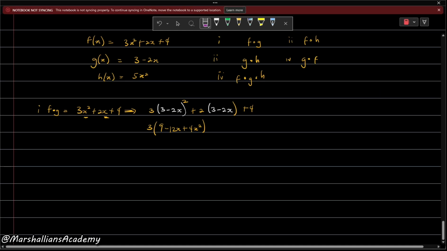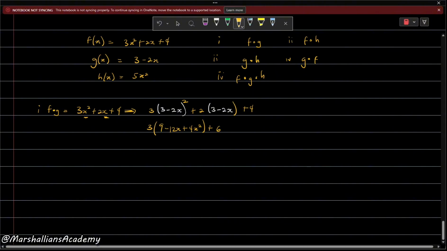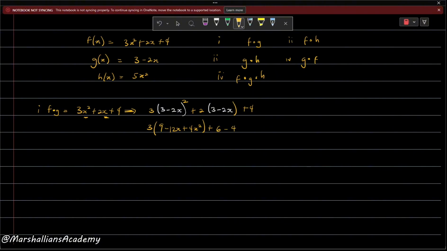Yeah, let's keep going. So we have plus 2 times 3 is 6, minus 2 times minus 2x is minus 4x, plus 4. Let's open the entire bracket. We are going to be having 3 times 9 is 27. 3 times minus 12x is minus 36x. 3 times plus 4x squared is plus 12x squared, plus 6 minus 4x plus 4.